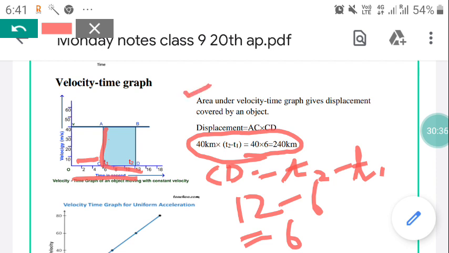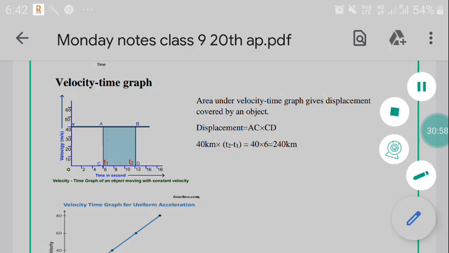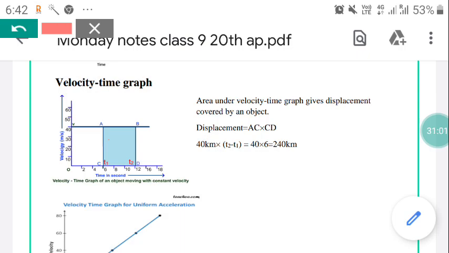We introduce area here because the area of the rectangle in the velocity time graph gives us displacement. AC into CD is what? Length into breadth of rectangle ABCD, as you can see here. So I think you understood why the answer of the fourth question of the last assignment which I am discussing with you is displacement.